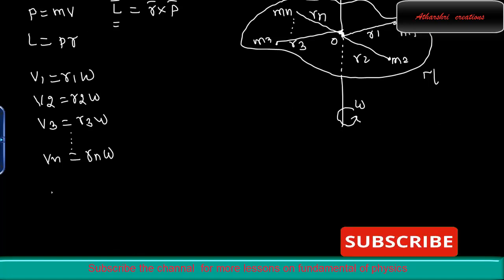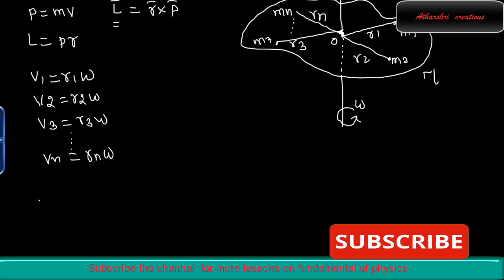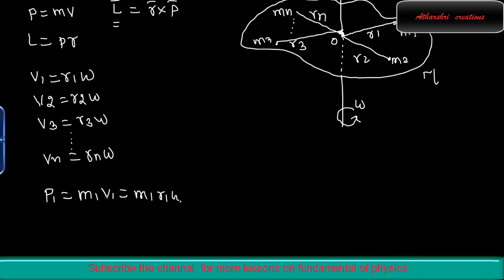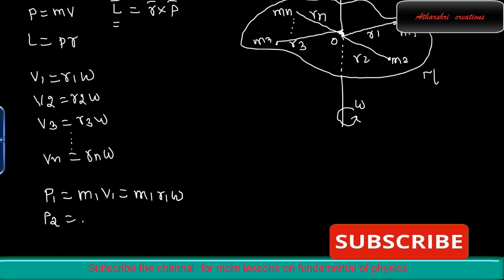Now the linear momentum of the first particle p1 is equal to m1 into v1, which is equal to m1 into r1 into omega. Similarly, the linear momentum of the second particle is m2 into v2, which is equal to m2 r2 into omega.